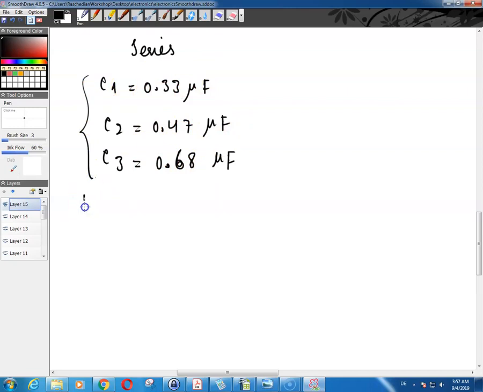So again, you can write 1 over C of t is equal to 1 over C1 plus 1 over C2 plus 1 over C3.